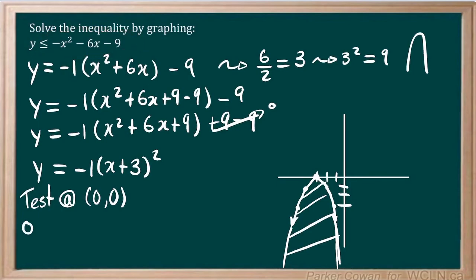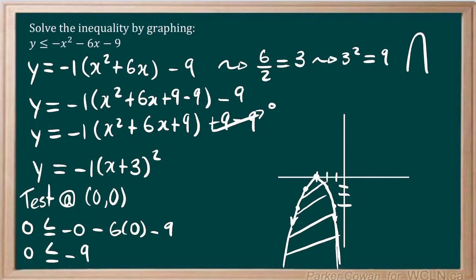So we'll have 0 equals negative 0 minus 6 times 0 minus 9. Sorry, this should be an inequality sign. And so we basically have that negative 9 is going to be greater than or equal to 0, which obviously isn't true. It's less than.